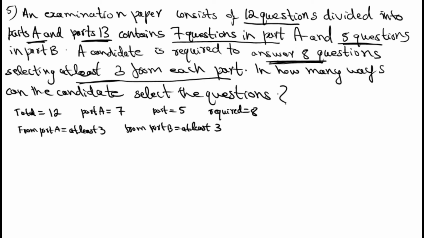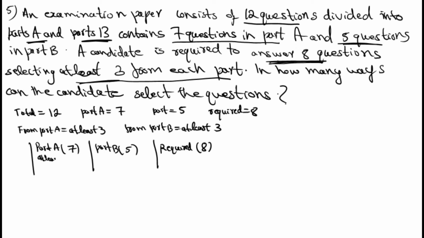Okay, here I will draw the column. See, part A that has how many questions? 7 questions. Part B has 5 questions, and required is equal to how many? 8 questions he needs to answer. Part A he needs to attend at least 3. Part B also he needs to attend at least 3.